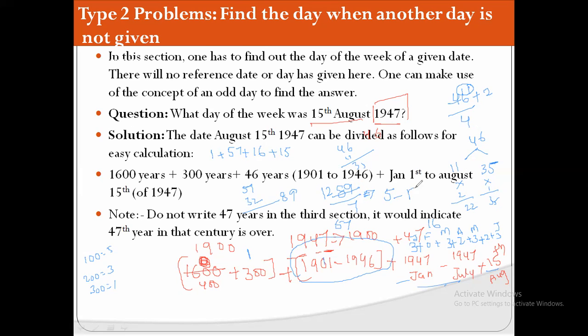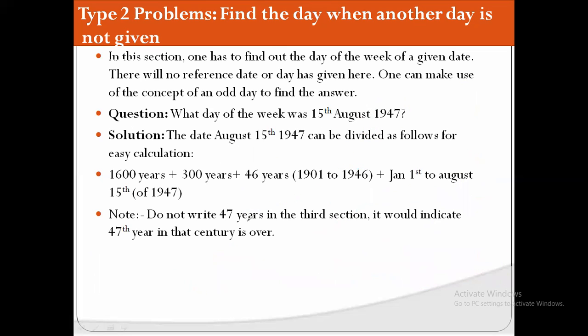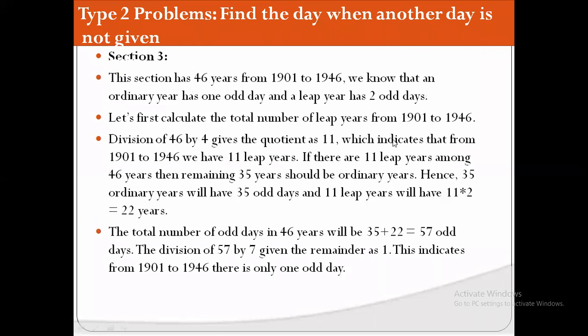Then we can decode that a remainder of 5 means it will be a Friday. By rote learning it will be very difficult for you, but if you have the basic knowledge of this, then we can easily calculate these kinds of problems.